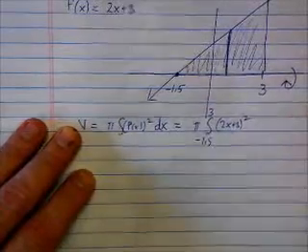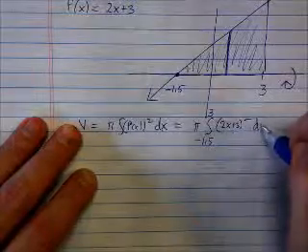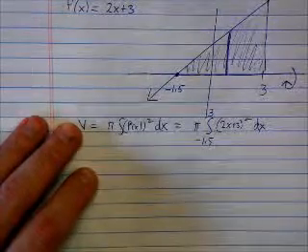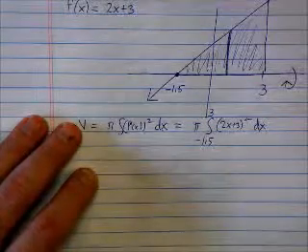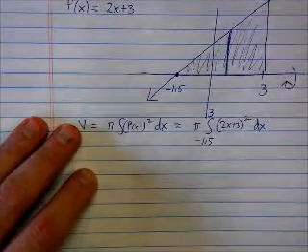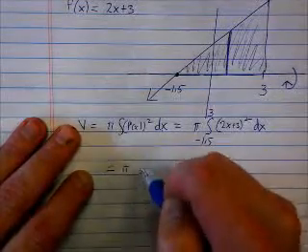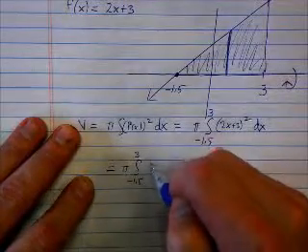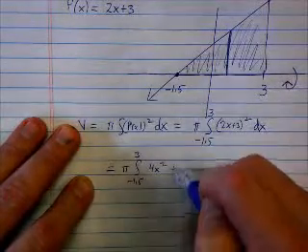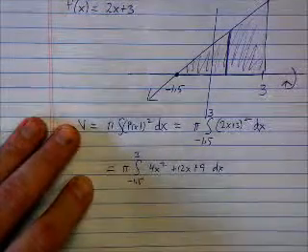And then we have to square it because it's radius squared, dx. Okay, so very similar to the last problem. We've got to FOIL it out, work through, see what we get. This is pi, the integral from negative 1.5 to 3 of 4x squared plus 12x plus 9 dx.